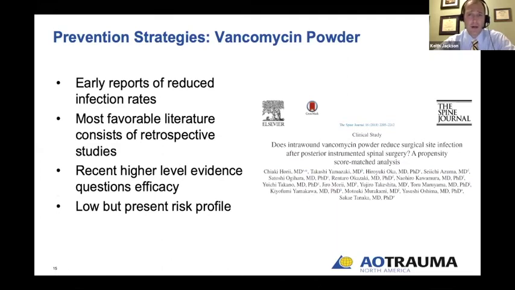It really came into the forefront in probably around 2010 and 2011 when several large observational retrospective studies reported potential significant reductions in post-operative infections in both spine and many other fields of surgery. Most of these papers call for better designed or more highly powered studies in the future. Unfortunately, as these studies have been produced, it's called into question the actual efficacy of vancomycin.